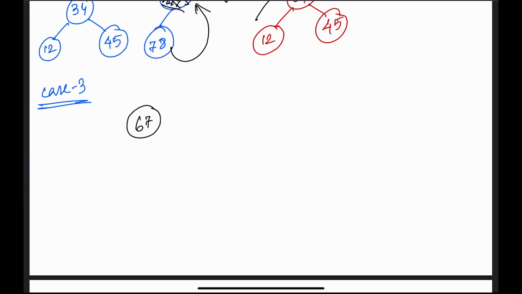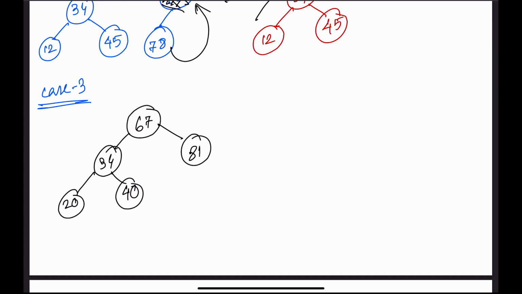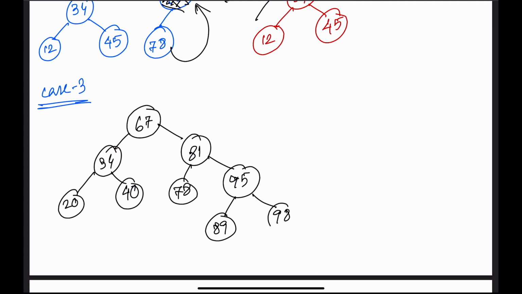Now the case 3. For example 67, 34, 40, 20, 81, 78, 95, 89, 98. So now if I want to delete this one, this 81 I want to delete.